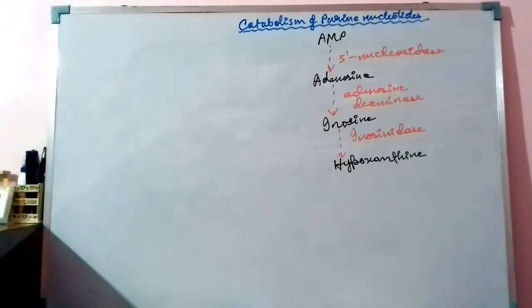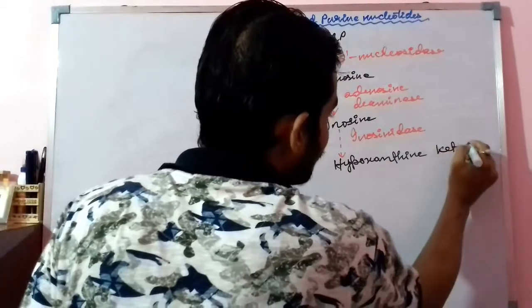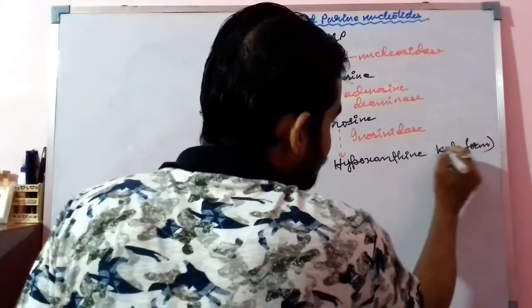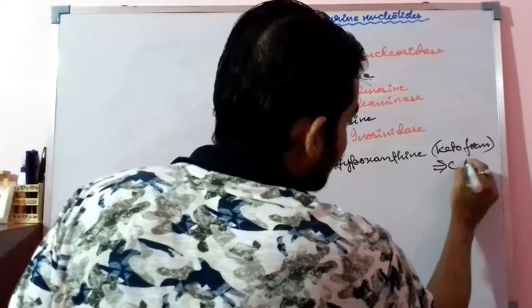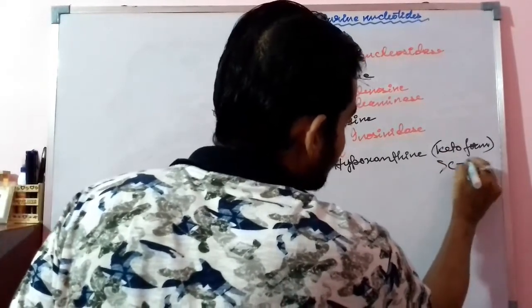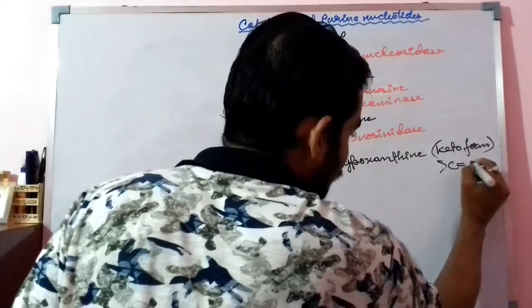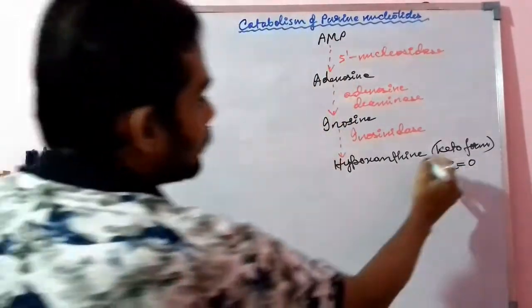Hypoxanthine. Okay, now the hypoxanthine, in the presence of xanthine oxidase. This hypoxanthine here is present in the keto form. Keto form means it has this functional group C double bond O. This is the functional group of the keto form.